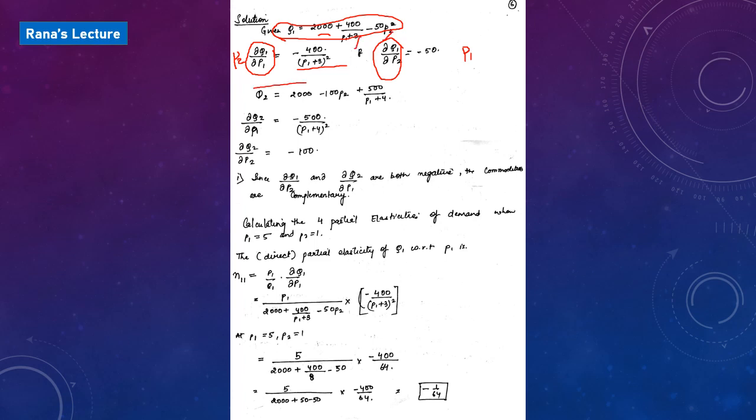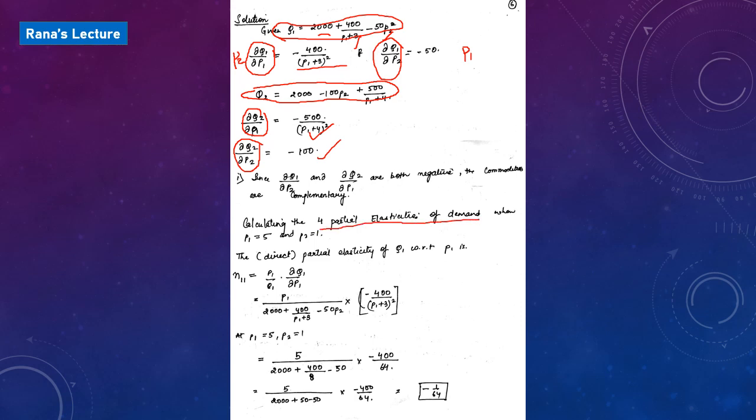Now you have the next function. Again you find out the two partial derivatives, that is delta Q2 by delta P1 with respect to P1, then delta Q2 by delta P2 with respect to P2. You calculate, you get the answers in this way, right? You have just calculated the four partial derivatives, but the question asks you to find out the four partial elasticities of demand.